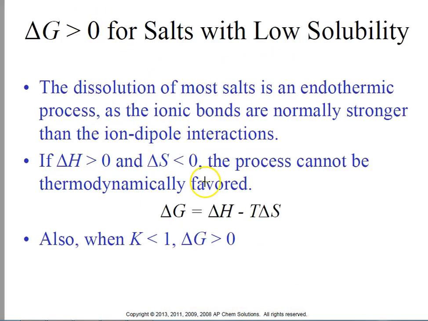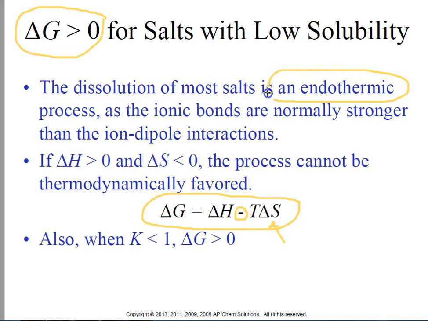Alright? So for salts with low solubility, the delta G value may actually be positive. Remember the equation for delta G, which we gave right here. If delta S is negative, well, that with the negative sign here will combine to make a positive, right? And then if your delta H is positive, which means endothermic, which most salts dissolving are endothermic because you've got to break those ionic bonds.